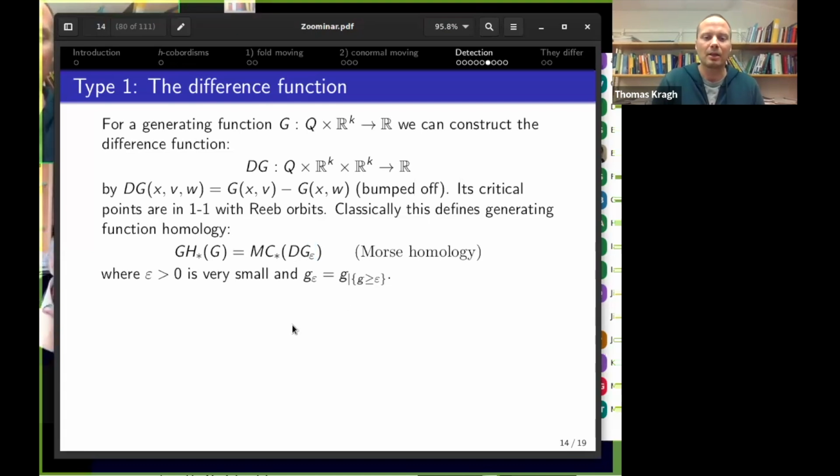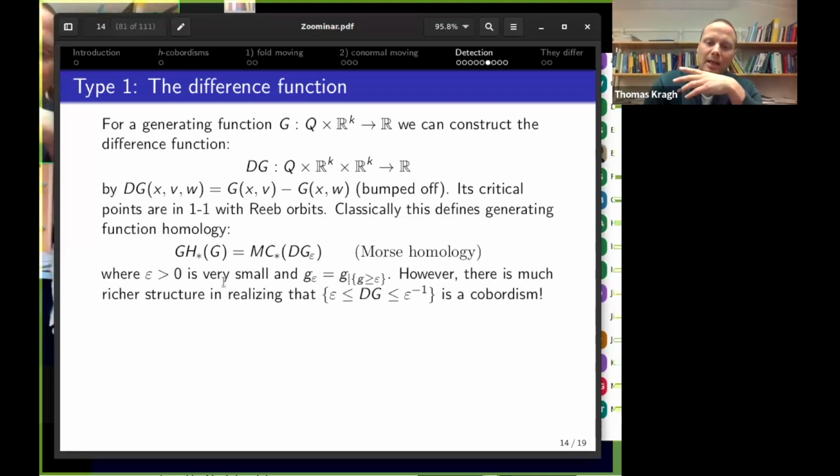And by this I mean g^epsilon means the part with value above epsilon, for some small epsilon. And what this is, it's a Morse theory that has a generator for each Reeb orbit and then differentials. The point is that there's much more structure in this space.